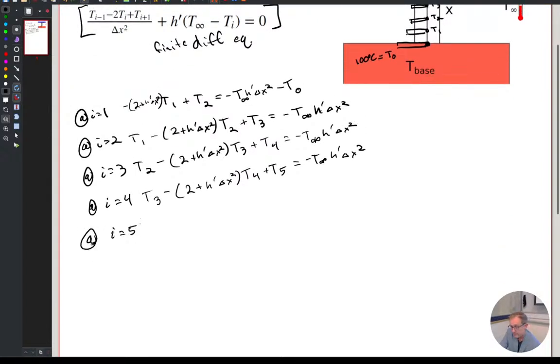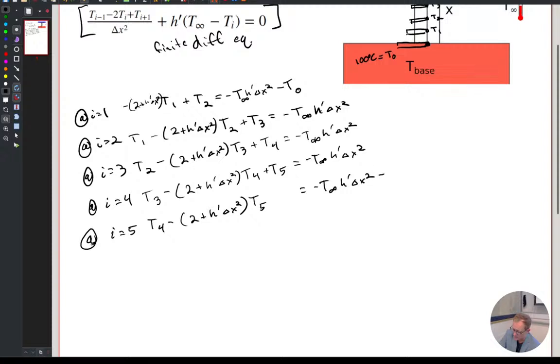At i equals 5, T4 minus 2 plus h prime delta x squared T5 plus T6 equals negative T infinity h prime delta x squared. I already know what T6 is, so I don't want it to be here.